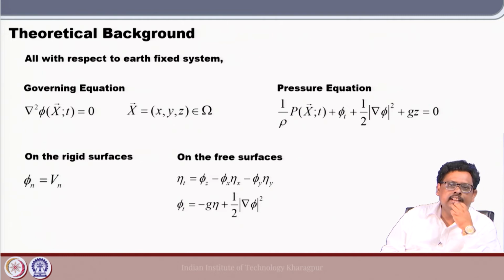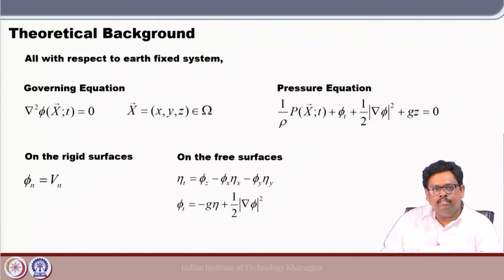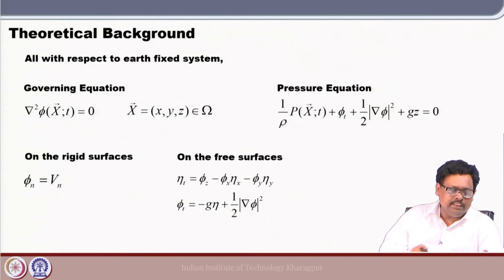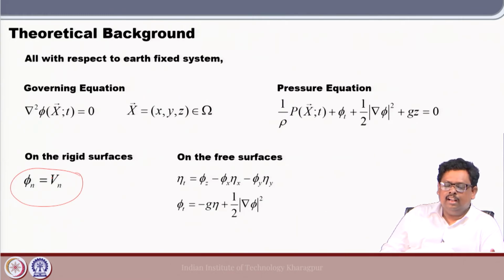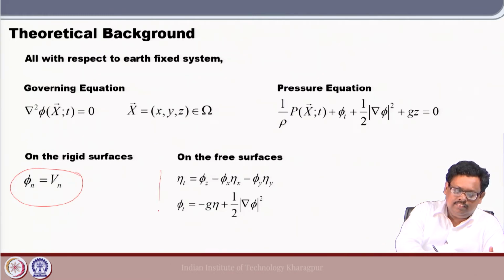Now, this is the governing equation based on the earth fixed system. We are using the Laplacian, of course, del square phi equal to 0, right, and on the rigid surface phi n equal to V n. This is the body boundary condition, right, and of course, this is the free surface boundary condition.